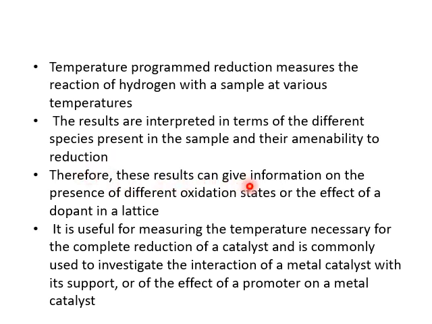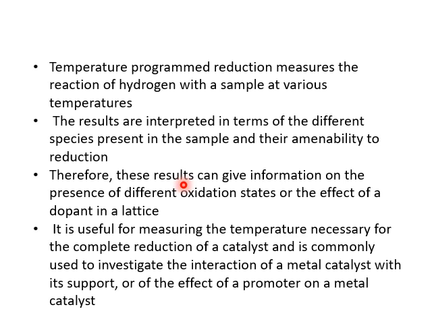Therefore, these results can give information on the presence of different oxidation states or the effect of dopant in the lattice. For example, we can get information about what type of oxidation state is present inside the sample. If the species is present in a higher oxidation state, it will be reduced easily. It has more ability for reduction.